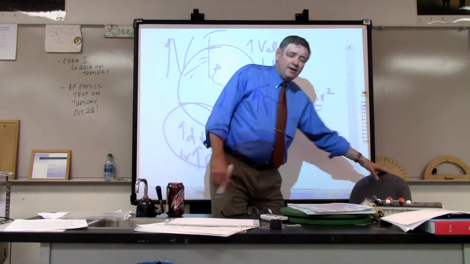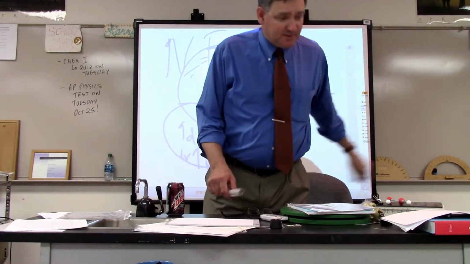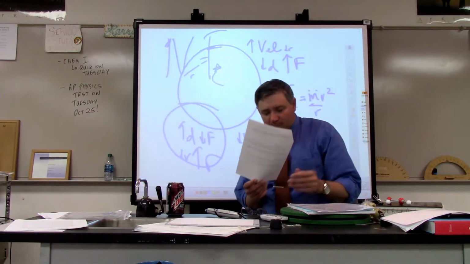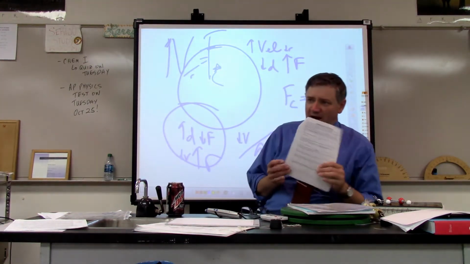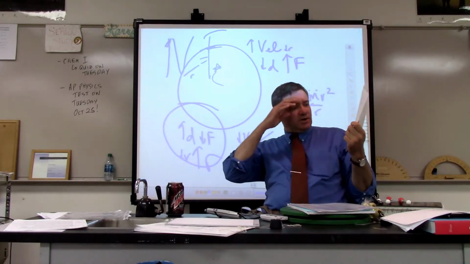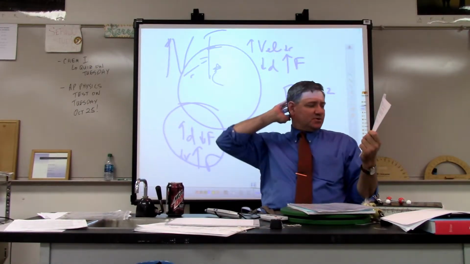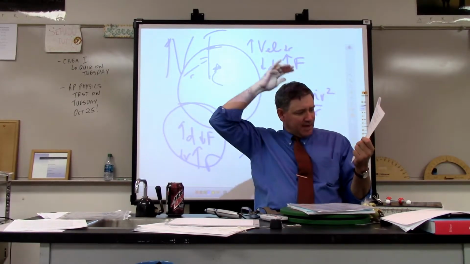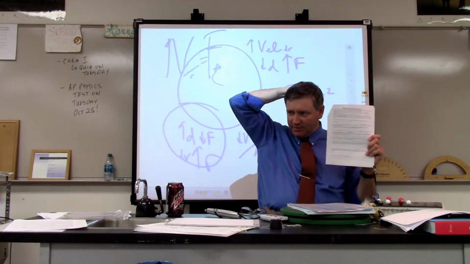Okay? So gravity is not the same. It changes a lot. Now, at this point, let me see the paper. You should be able to finish this up when you get down to questions 4 and 5. On number 4, you want to calculate the gravitational force between Mercury and the Sun at that radius. Now, I was nice and I gave you the radius in meters.